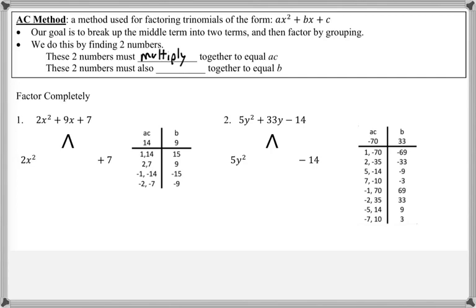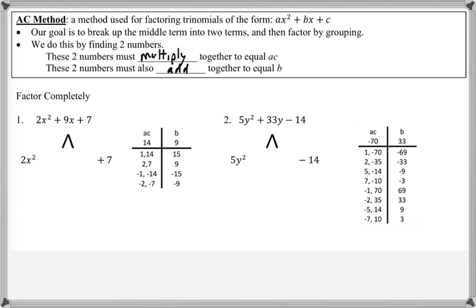And the two numbers must also add together to equal B. Okay, so AC is taking your number that's in front of your x squared and multiplying it by the number or the constant at the end. So A times C, or AC, and that's really where it gets the name for the AC method. And B is just taking this number here.